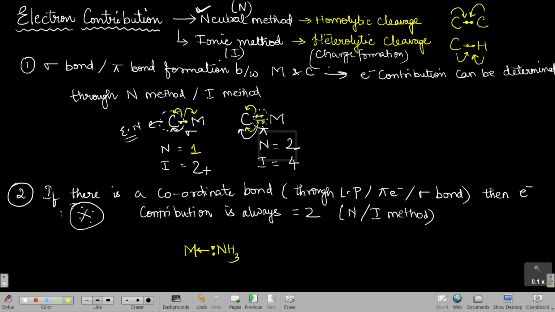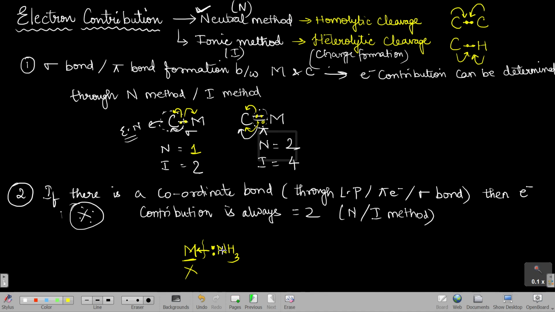Basically it is not an equal contribution like you see here. It is basically the donation of nitrogen to the metal to form a bond. So basically the 2 electrons of the lone pair are being donated. Now in this case the metal and nitrogen bond, if you have to break it, you can't break it homolytically because there is no contribution from the metal.